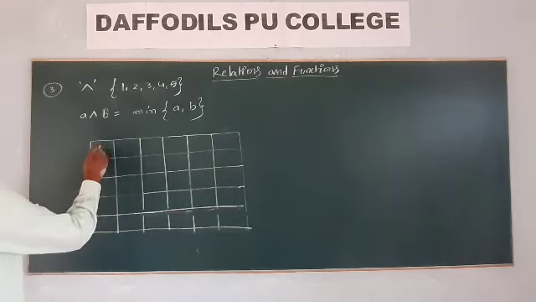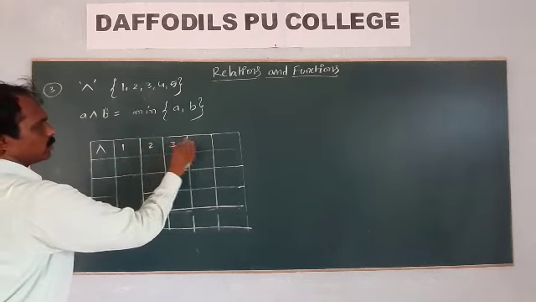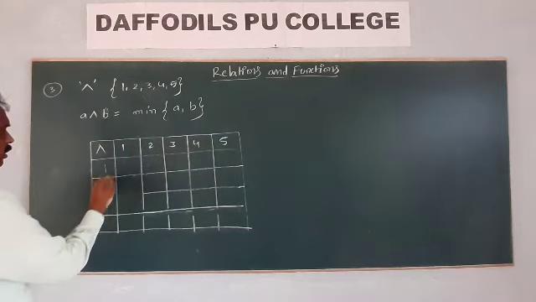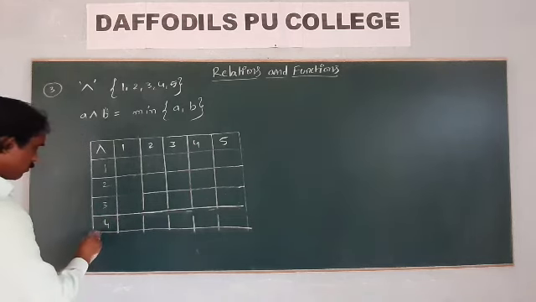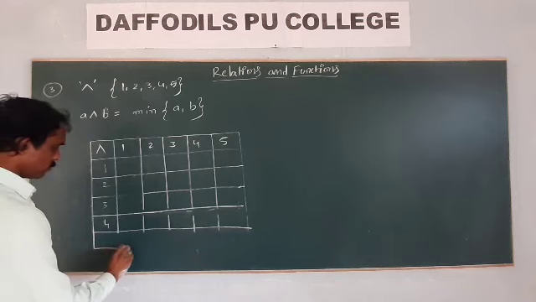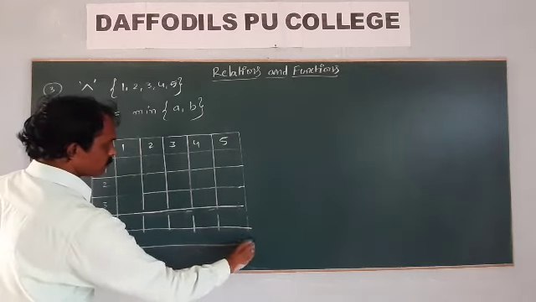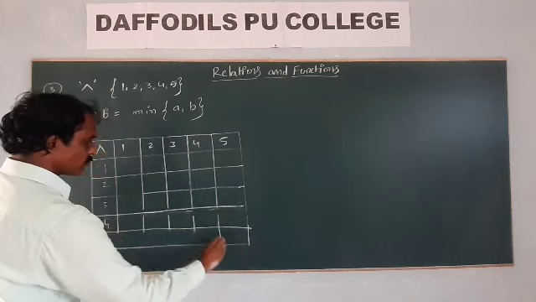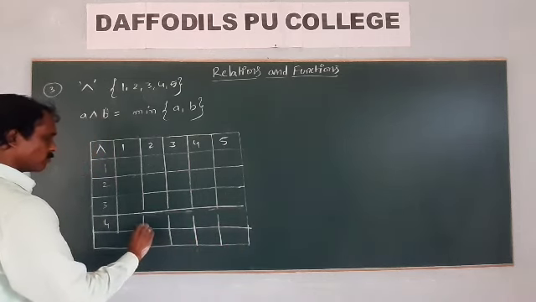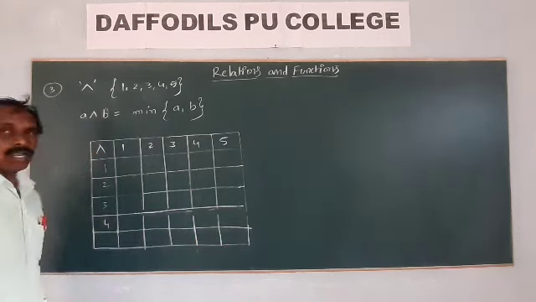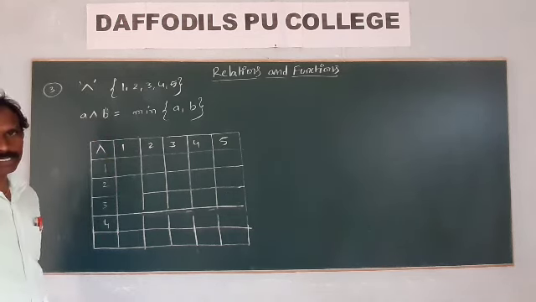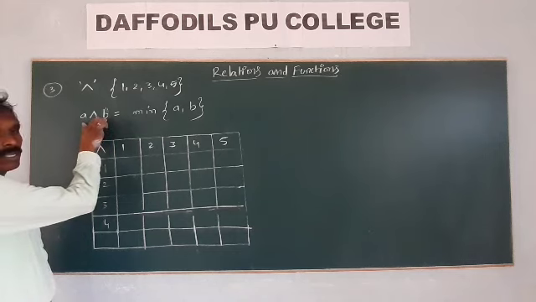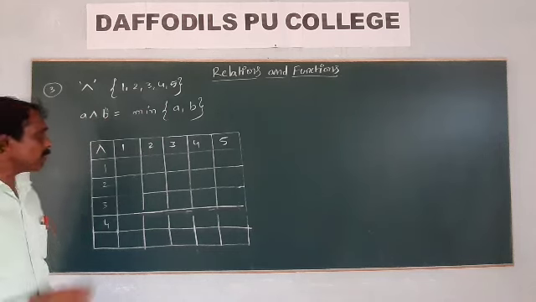Okay, this is the operation table with 1, 2, 3, 4, 5. Between 1 and 1, a operation b means the minimum of a comma b.